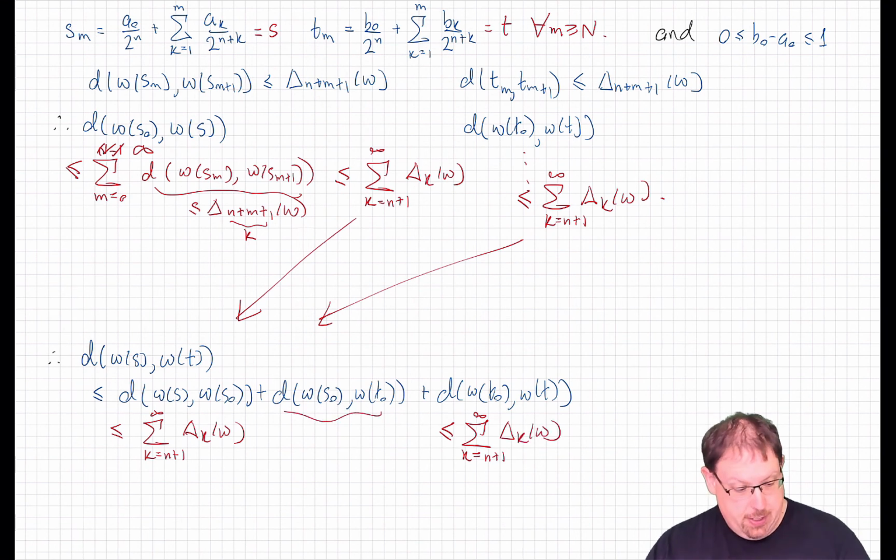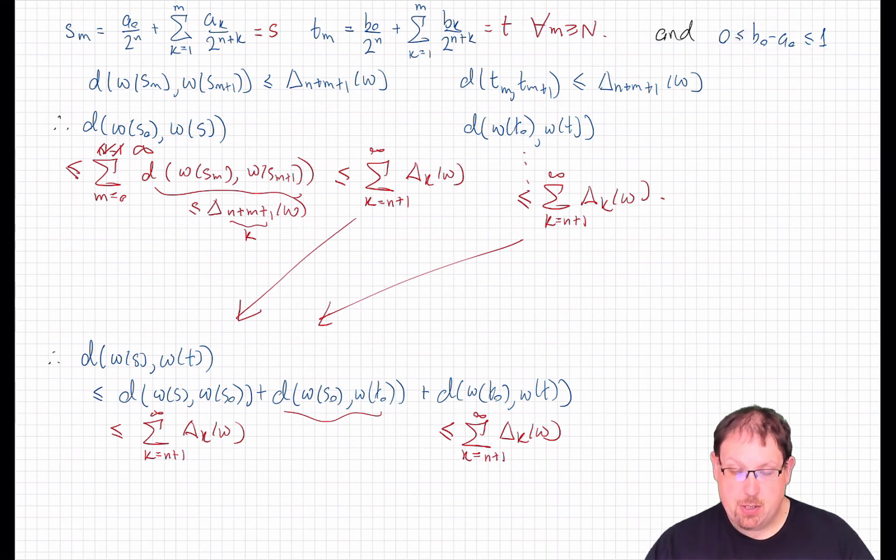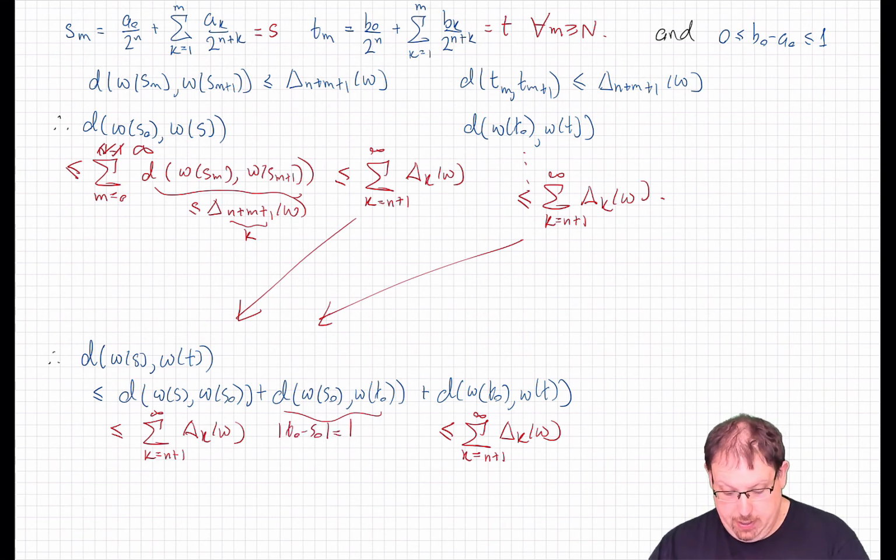And as for this term here, well, we established that b_0 minus a_0 is between 0 and 1, which tells us that t_0 minus s_0, which is (b_0 minus a_0) over 2^n, is less than or equal to 1 over 2^n, which therefore means that this distance, by definition, is less than or equal to delta_n of omega.